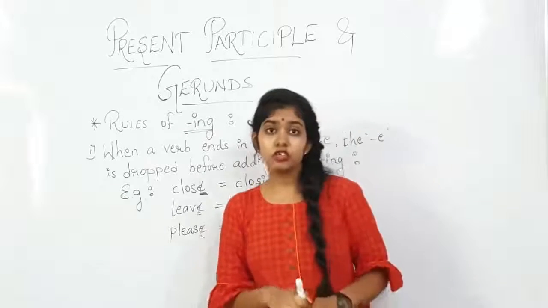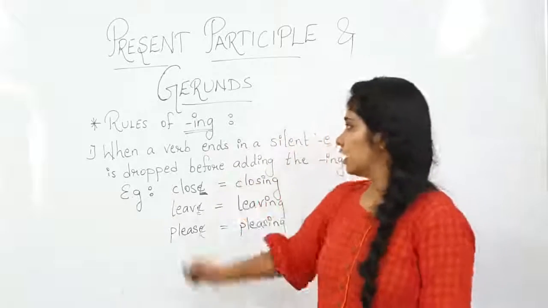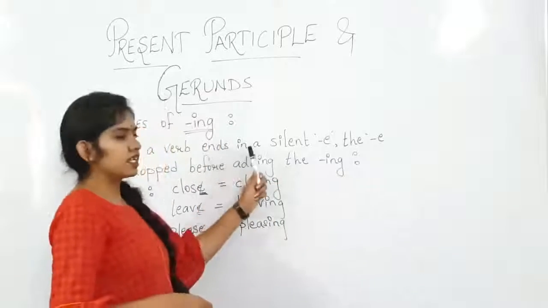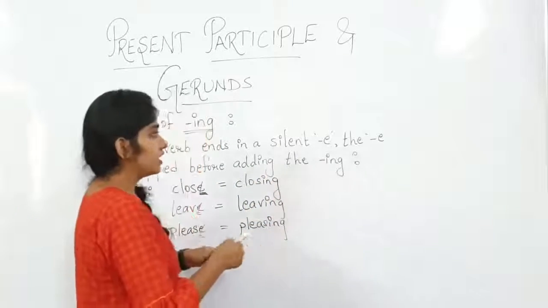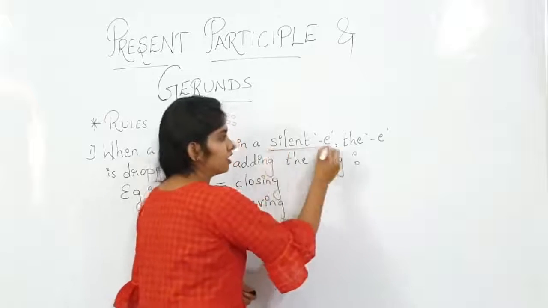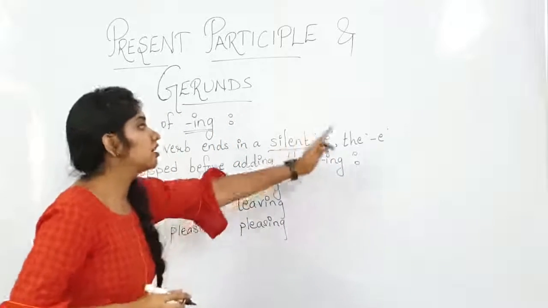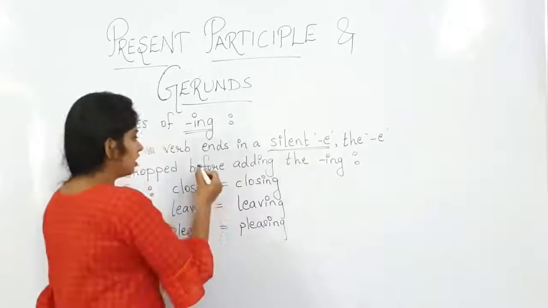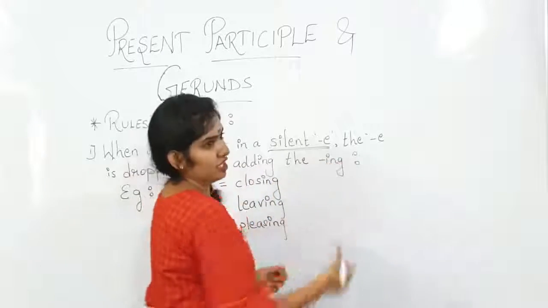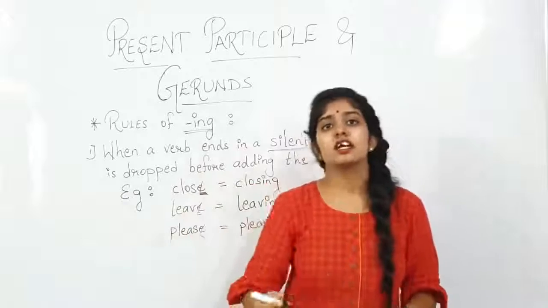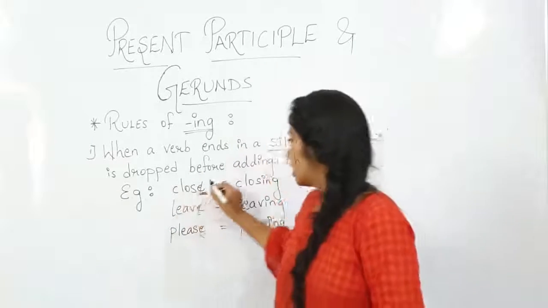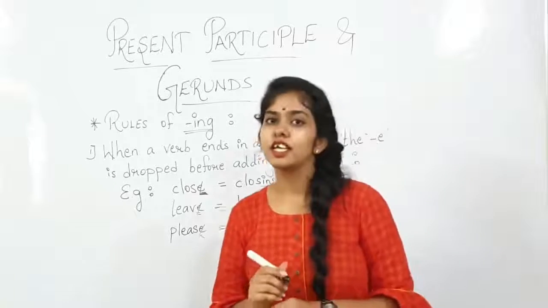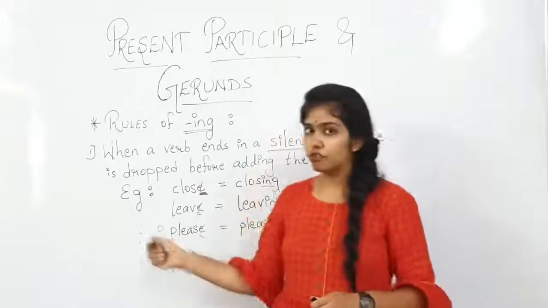So I hope that you have understood the first rule, that is when a verb, that is an action word, ends in a silent E, then the E is dropped. Means E is cut before adding ing. So students, this is our first rule.